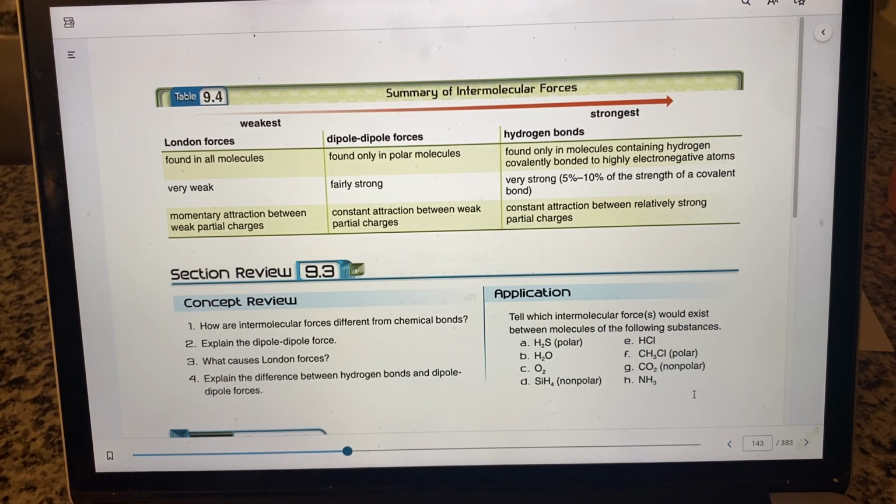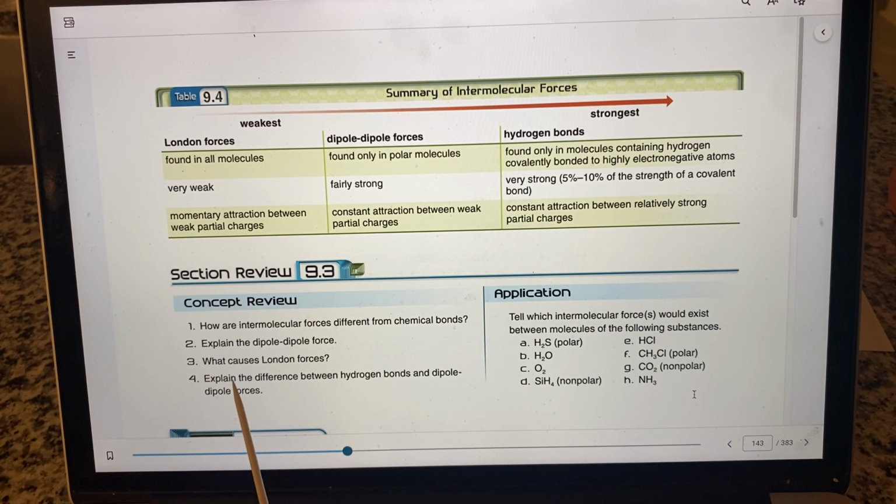Explain the dipole-dipole force. Dipole-dipole is where you have two different poles attracting each other. They're polar molecules that are attracting, and they're slightly charged, with a partial negative charge and a partial positive charge in between molecules that hold them together.